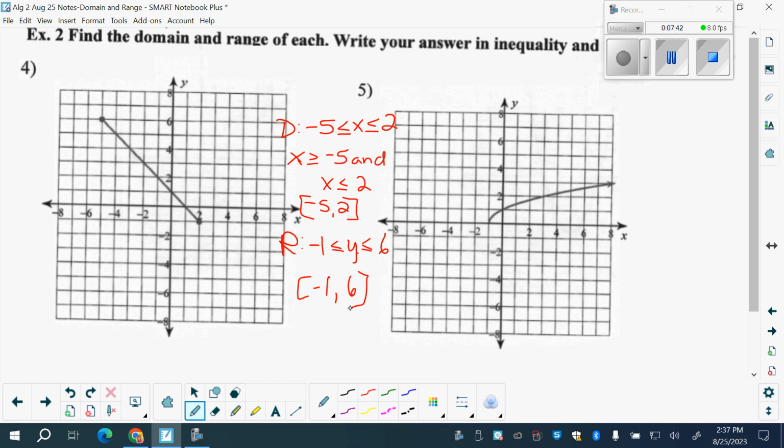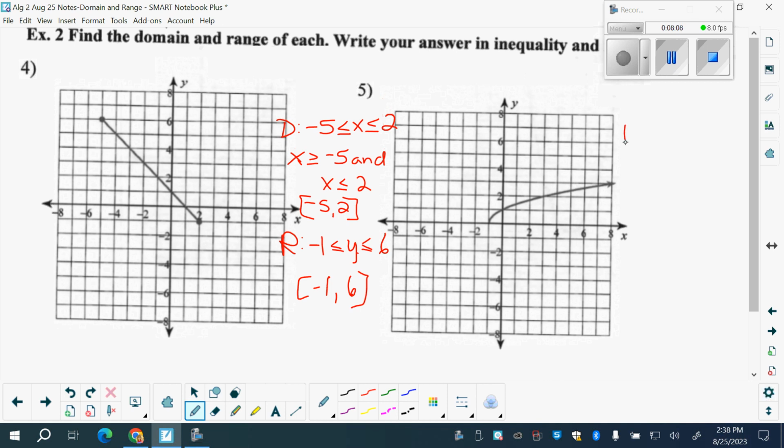5. We want to find the domain and range on 5. So what would the domain be on number 5? Nate, can you tell us what the domain would be? Is domain left and right or up and down? Left and right. Yes.